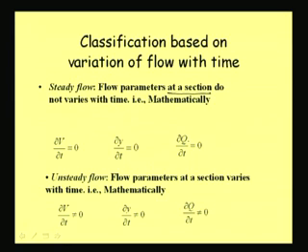One of the flow parameters, say velocity, can vary with respect to space, which I am writing as x, and it can vary with respect to time. When we say the variation of velocity, we would write dV, the total variation of velocity, and this in fact varies with both space and time.